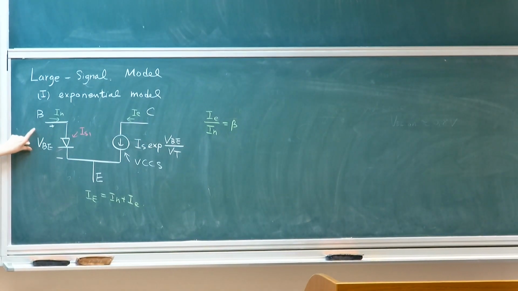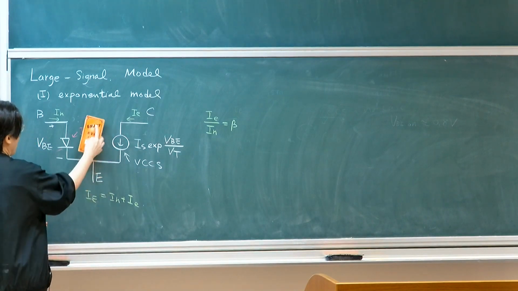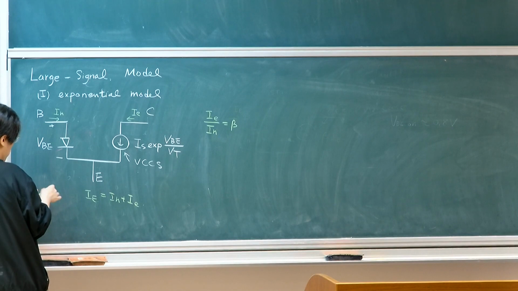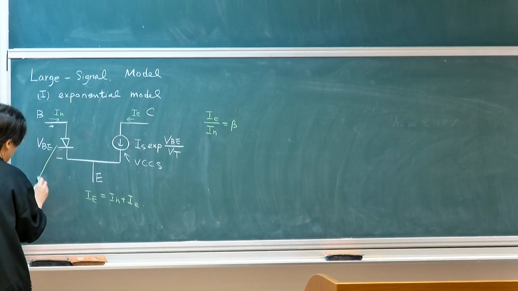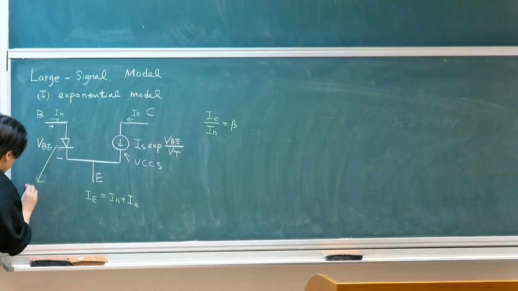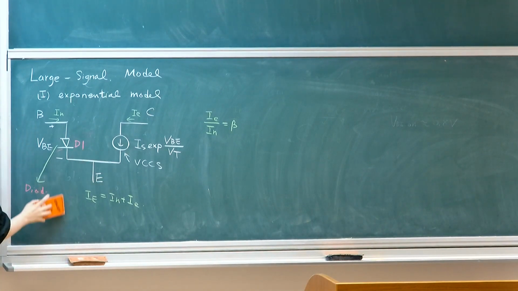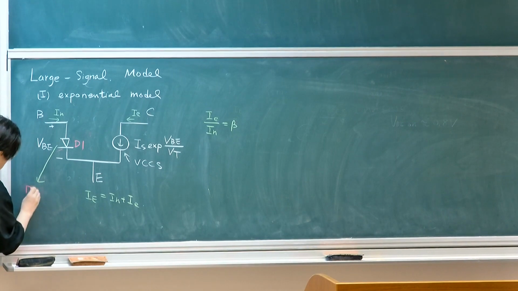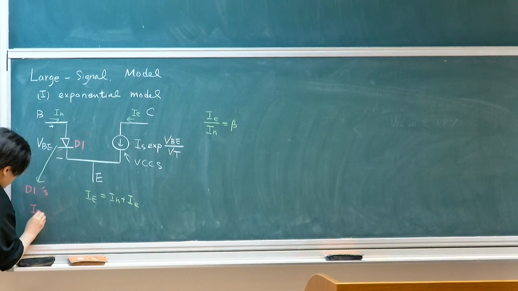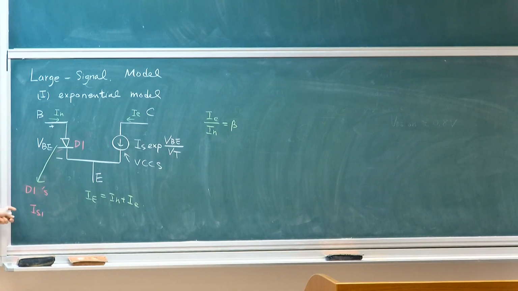If you want to describe the current flowing through this BE junction with a diode, you have to adjust your diode parameters. Remember, if I'm using an exponential model diode, let's say this is D1, D1's IS is IS1. The IS1 I'm referring to is the reverse bias saturation current for D1.